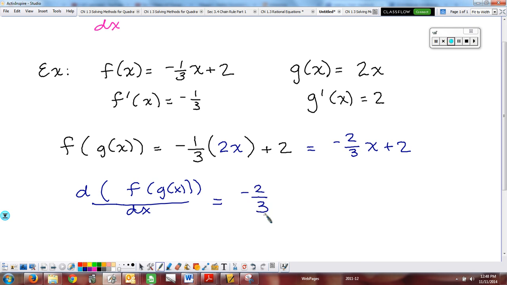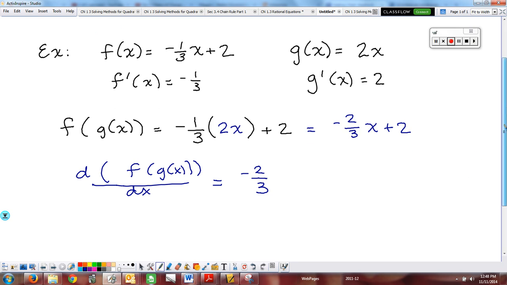But what I want you to see is that for the negative 2/3, I multiplied the rates of change for the inside function and the outside function. The inside function, which is 2x, had a rate of change of 2, the outside function's rate of change was negative 1/3, and the resulting rate of change of the composition was negative 2/3.